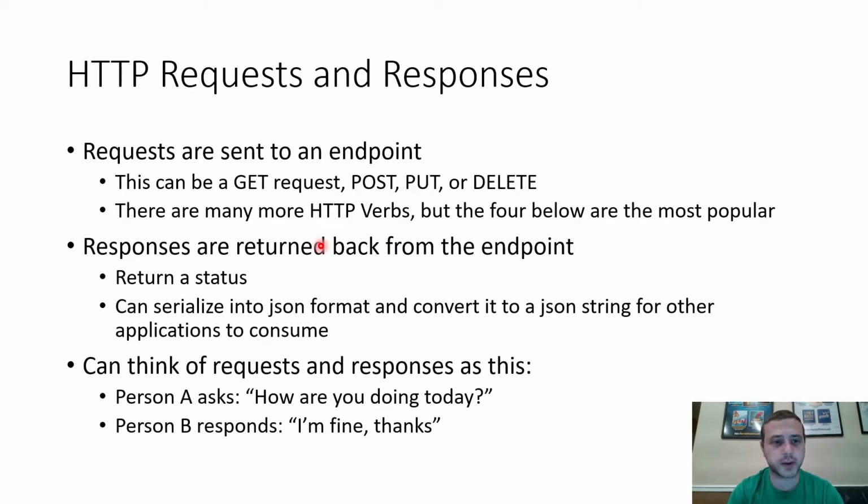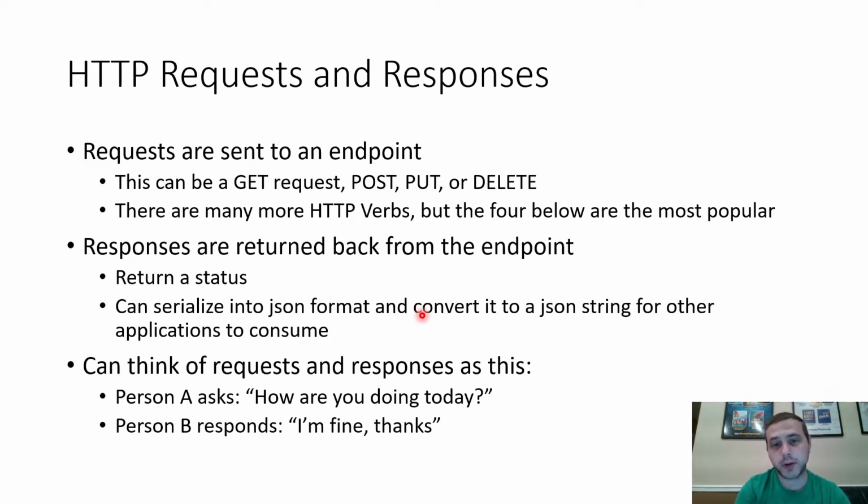So you get the response status code back, as well as you can get an object returned back to you. And you can serialize this object using a JSON format, and then convert it to a JSON string for other applications to consume. So this means that if you want your application, the front end, to submit data to your endpoint, to your API, you would serialize that data into a JSON format, and then you would send that to your endpoint.